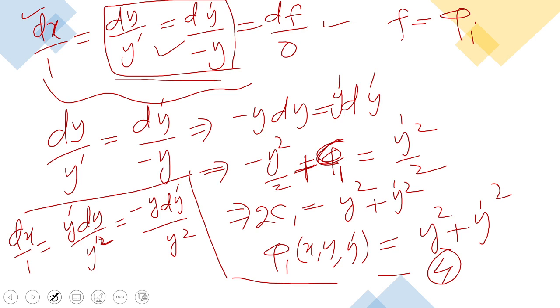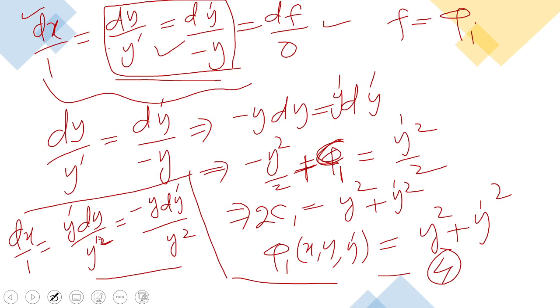So by component division, we can add them. So let me do it on the other side. dx must be equal to, add the two, this with this one and this with this one.